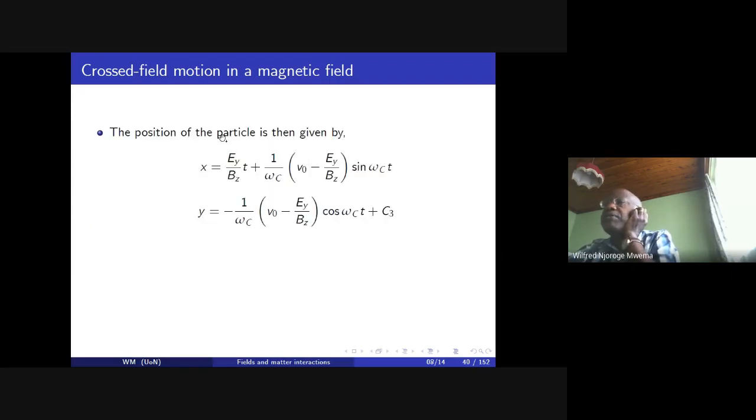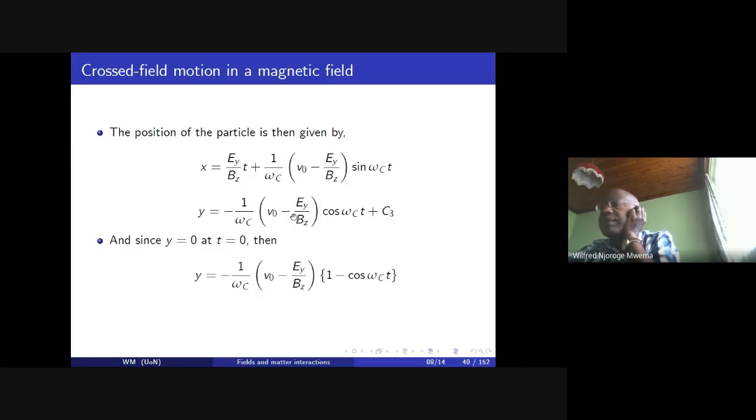So the position of the particle is therefore going to be given by the integral of that velocity. Okay, and we see component-wise, the x will be given by that equation and the y component by that equation there. And with y equal to 0 at t equal to 0, then y can be given as that equation, where we have put C3 equal to 0 for that particular case.